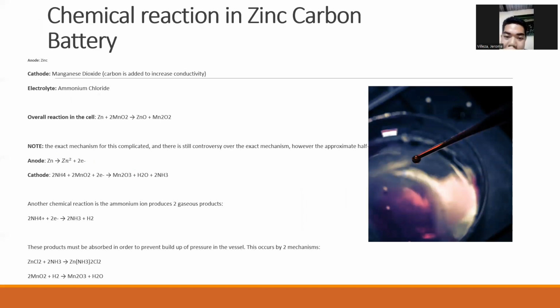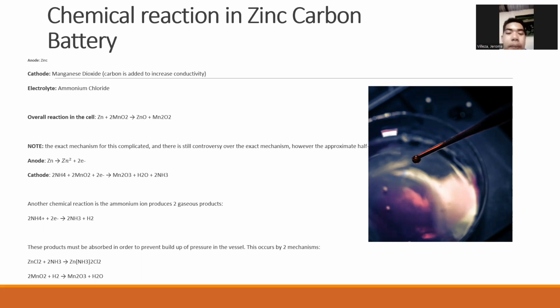So the chemical reaction in a zinc carbon battery. At the cathode, the manganese dioxide, the electrolyte is ammonium chloride. Then the overall reaction in the cell is Zn plus 2MnO2 to ZnO plus Mn2O3. The exact mechanism is complicated, and there is still controversy over it. The anode reaction is Zn to Zn2+ plus 2e-.